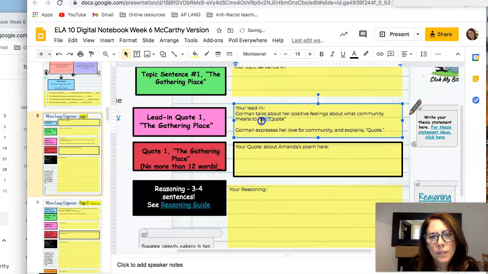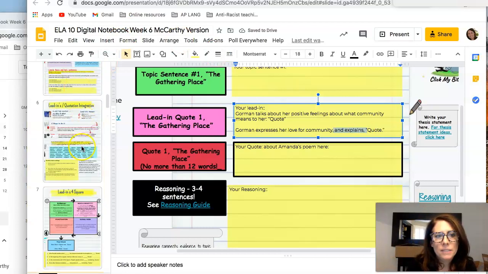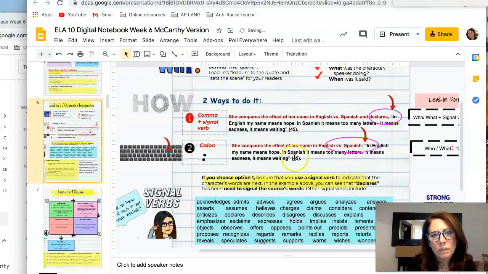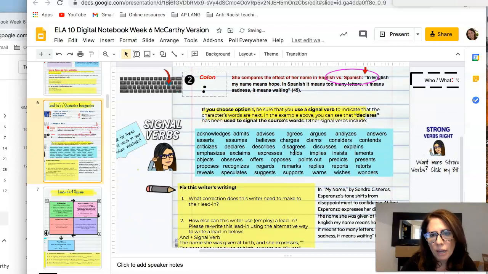One has the colon, one has the comma. One has a signal verb with the "and" that you're tacking onto the end of it. The point of the signal verb is that it tells you a little bit more information about how she's communicating it. Here she's explaining it, and that's fine. That's an okay signal verb. Not the best I could have done, but okay.